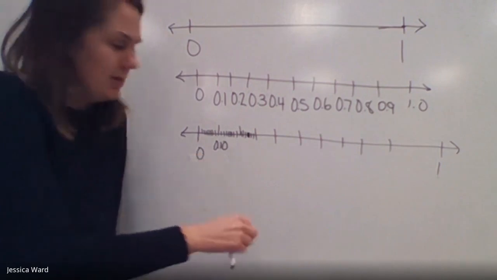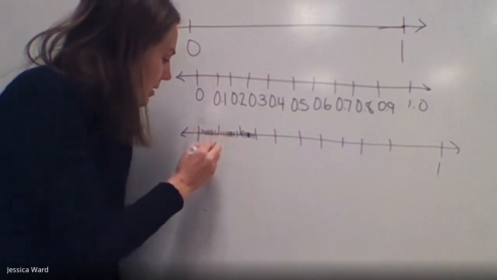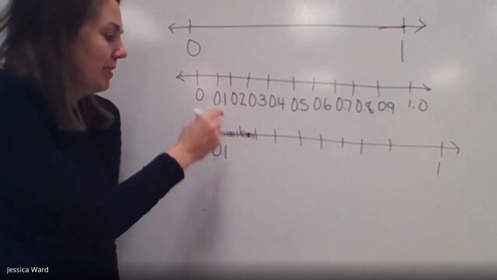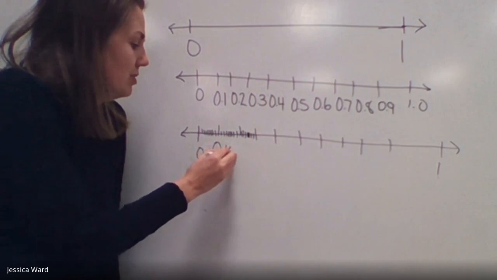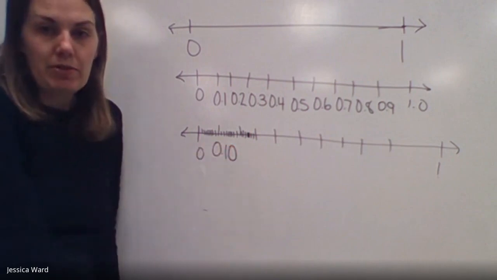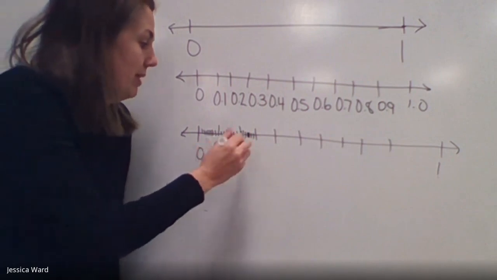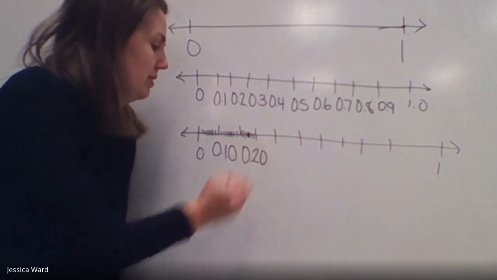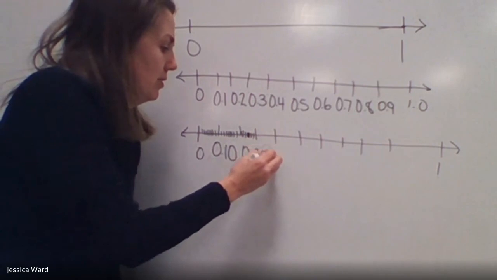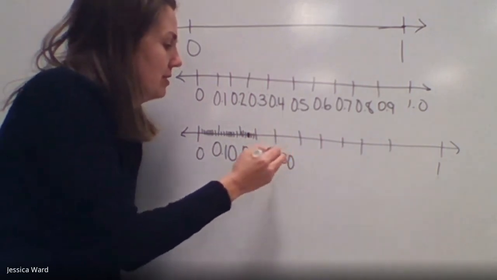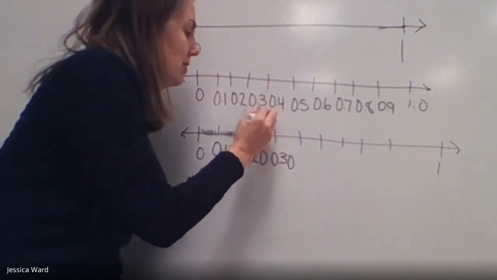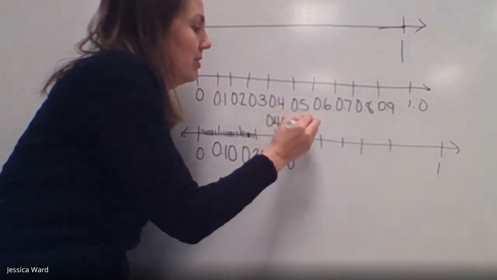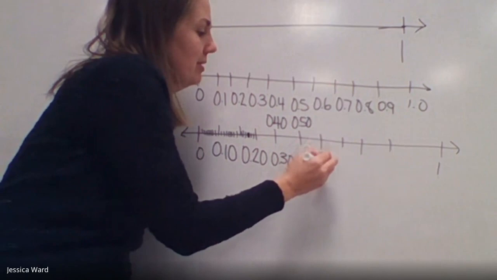So I have, that's kind of hard to read. Here's 1/10. It lines up in the same place. So to show that I'm dealing with hundredths, I'm going to add one more zero to it. So now my line for 2 hundredths, I would have 0.2 hundredths, 0.3 hundredths. I'm going to switch over up here, 0.4 hundredths, 0.5 hundredths, 0.6 hundredths.